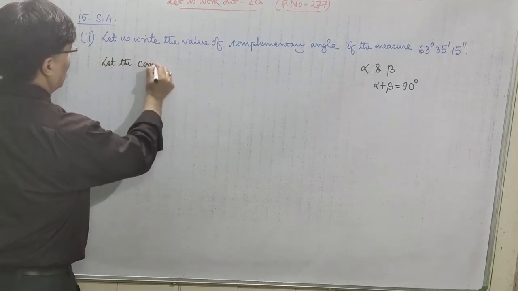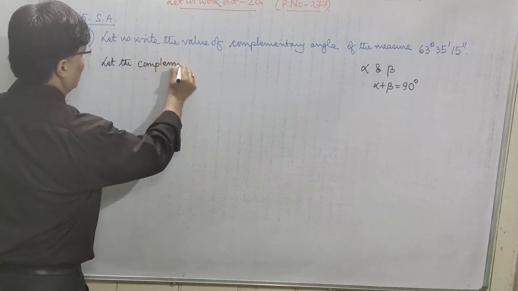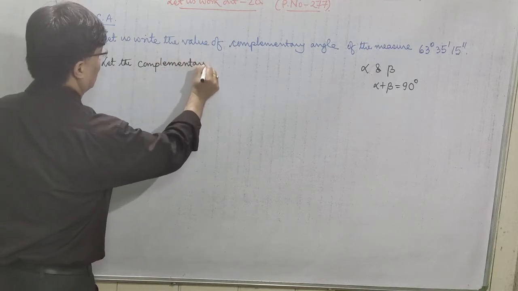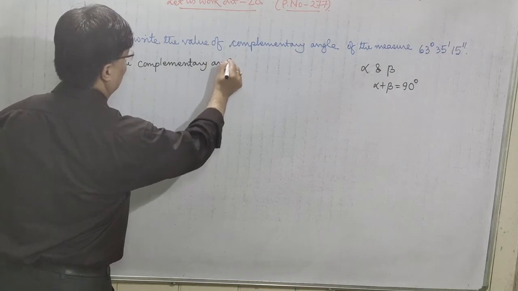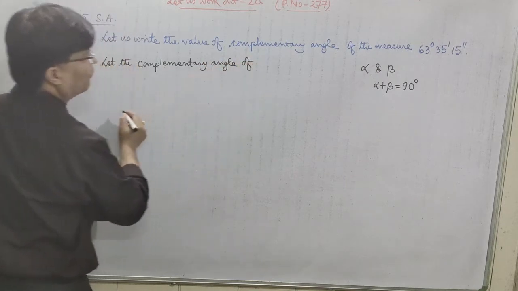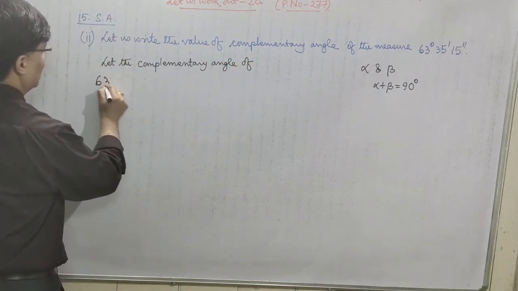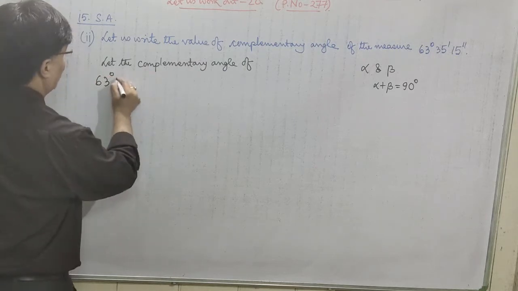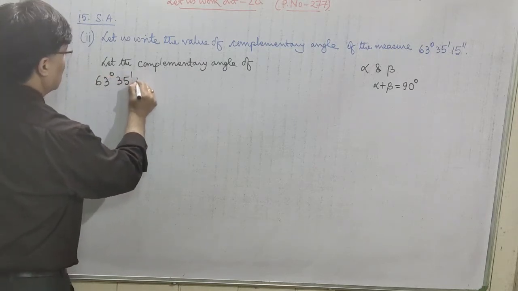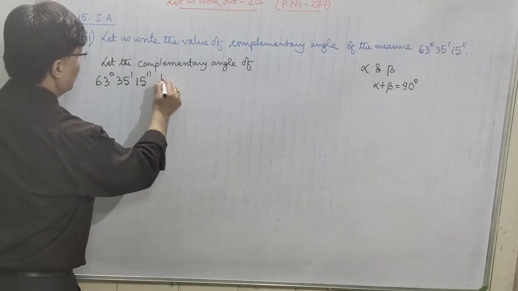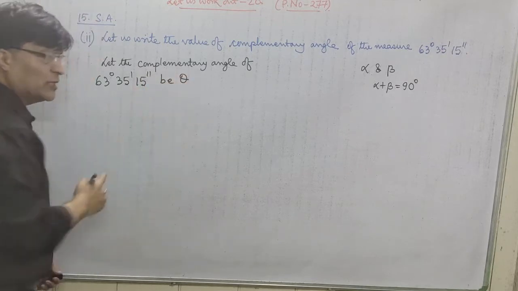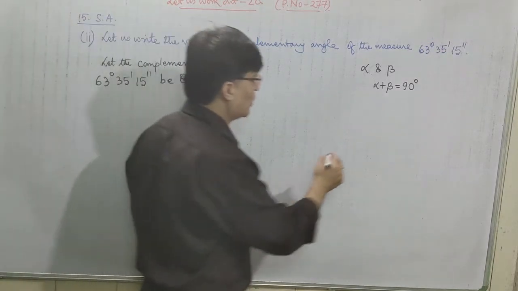let the complementary angle of 63 degree 35 minutes 15 seconds be theta. This is the Greek letter theta, you should know it.